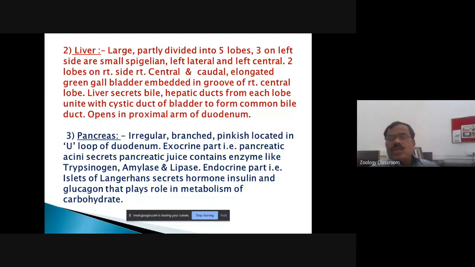Now, what are the changes which are present there? Okay. So in the exam, generally two classes are used for differentiation. For example, compare the digestive system of reptiles with mammals, or compare the digestive system of mammal with amphibia, or compare the digestive system of fishes with amphibia.